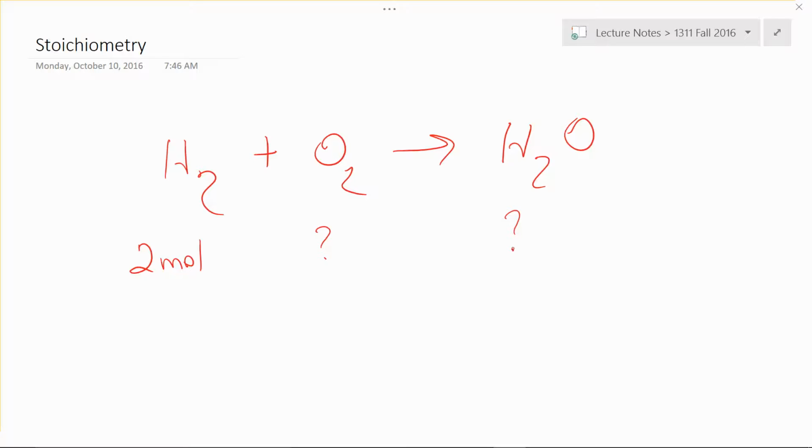So I'm starting with 2 moles of hydrogen gas. Any thoughts on how I could answer that?